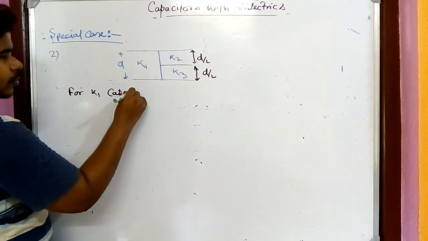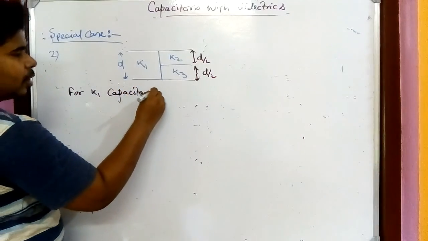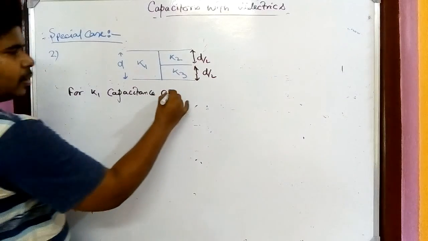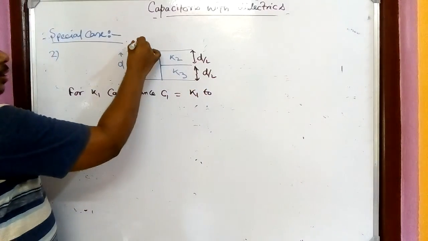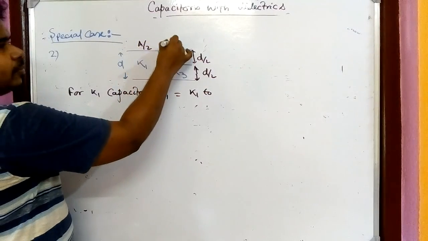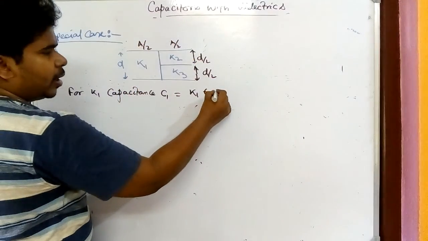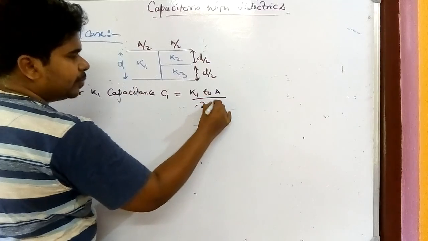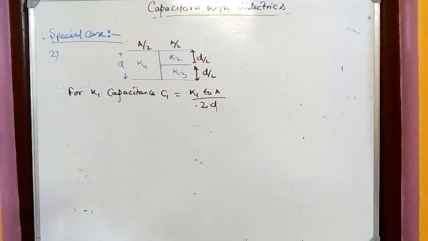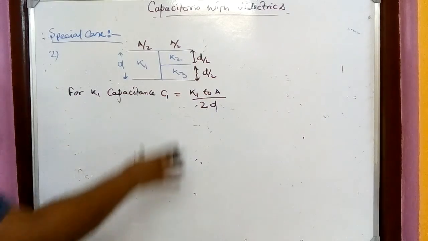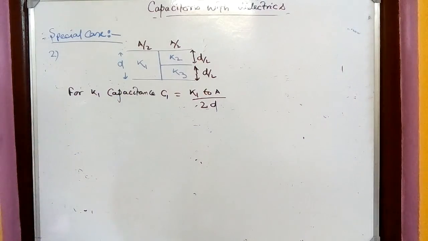So for K1, capacitance C1 equals K1 into epsilon, as it is covered A by 2 portion, so epsilon A by 2 into D. Okay, so for K1 the capacitance we have already taken. Okay, now we'll go for K2, and it will occupy the space D by 2 and D by 2.